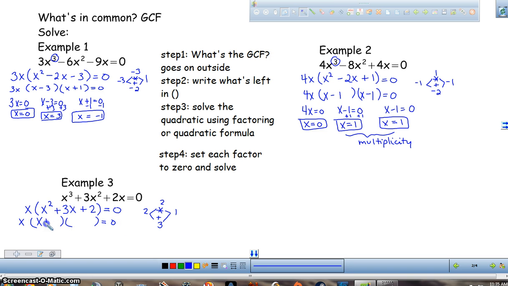So we'd have x plus 2, x plus 1. Take each factor, set it to 0. So we have x equals 0, minus 2 from both sides here. Minus 1 from here.